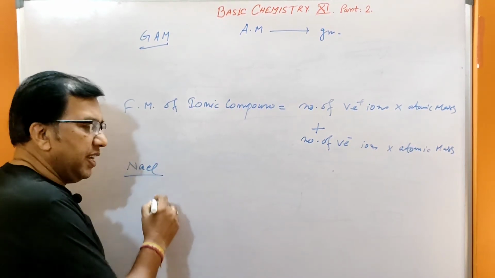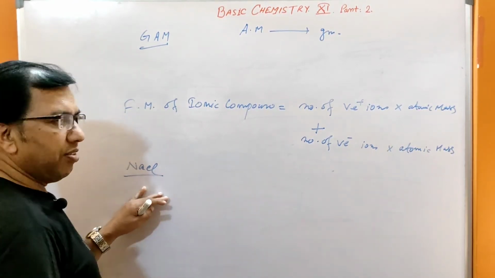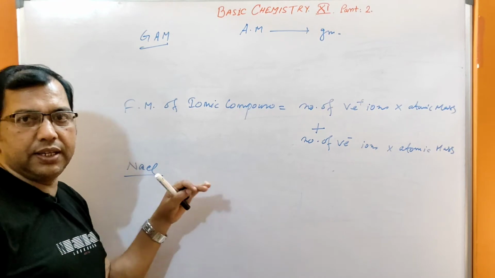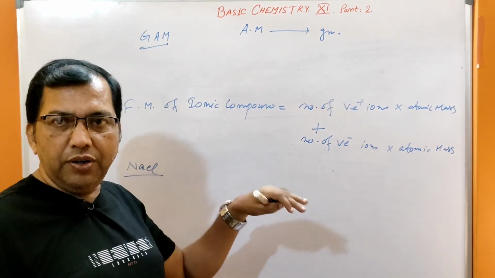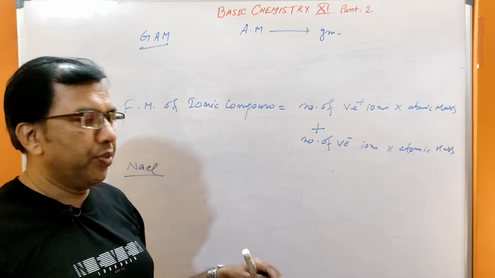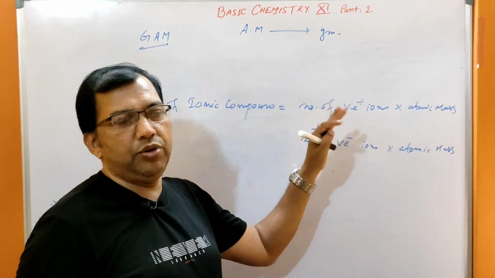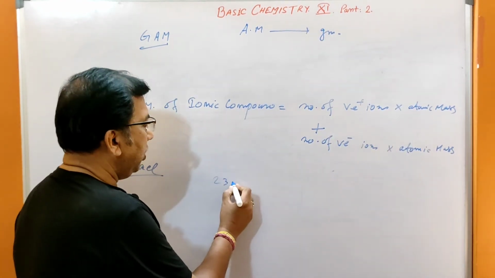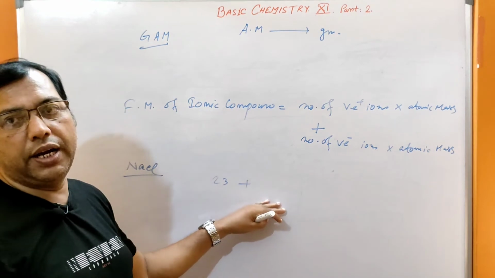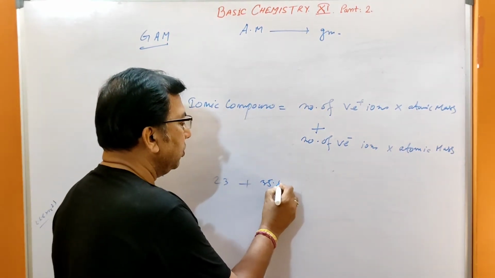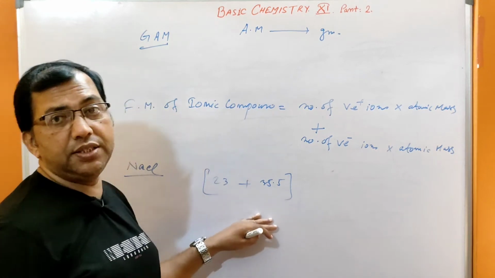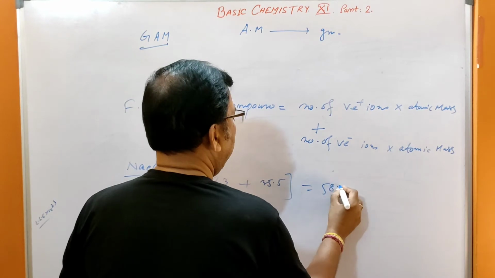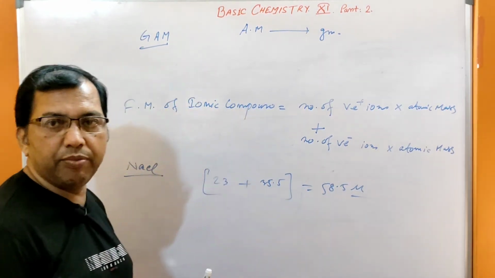It is an example. NaCl lattice structure, the solid lattice structure of NaCl, you have learned. Around one chlorine there is sodium, around one sodium there is chlorine, like this. That means atomic mass of sodium ion plus atomic mass of chlorine ion. The positive ion is one, the chlorine ion is one, 1 into atomic mass of sodium, that means 23, plus chlorine 35.5. That is the answer, 58.5 unified mass.